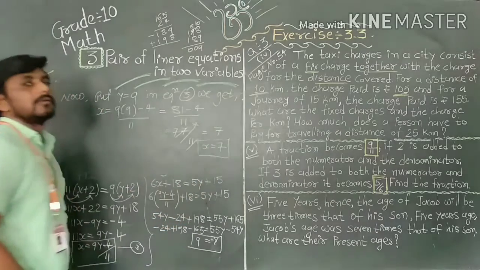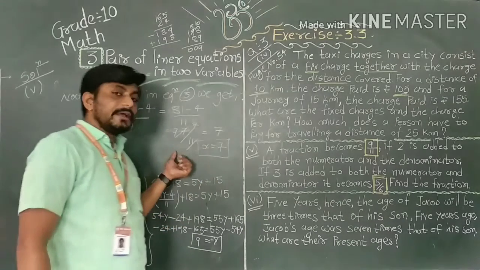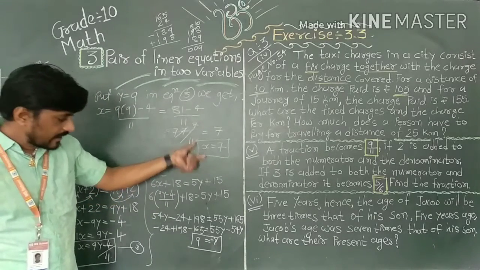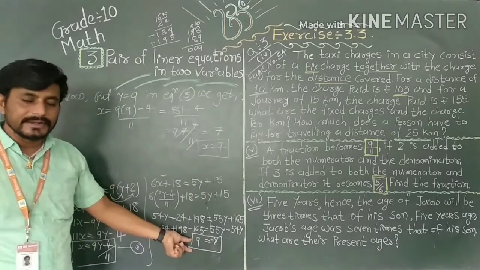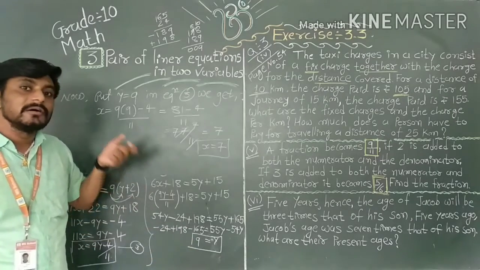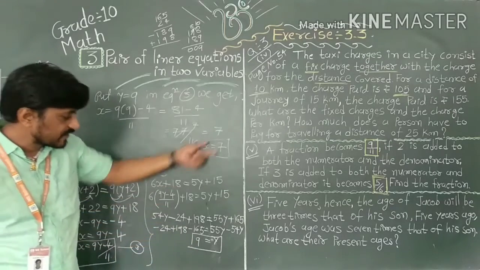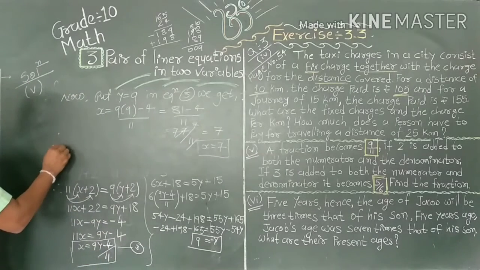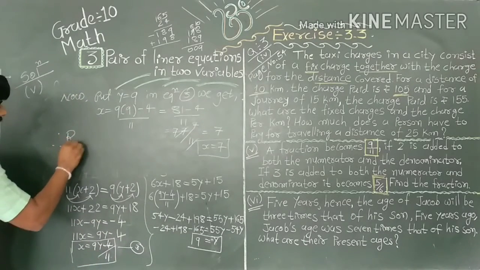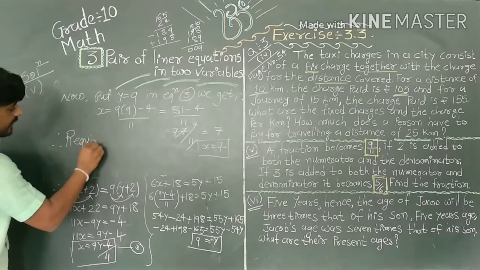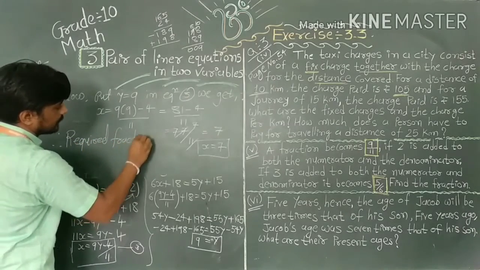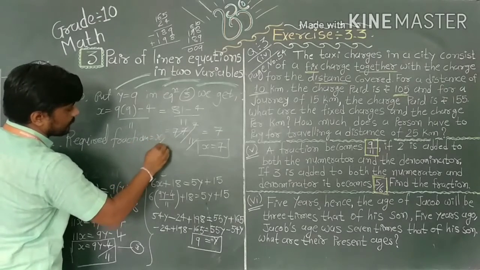Initially we considered x as a numerator and y as a denominator. That means our required fraction is x upon y. At last you have to compulsorily write required fraction is equal to x upon y.